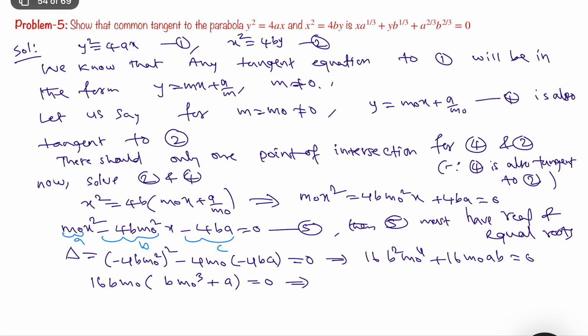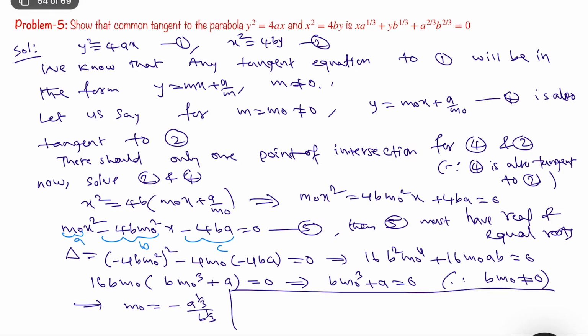That implies b m naught cube plus a must be 0, since b m naught is non-zero. So m naught must be equal to minus a to the power of 1 by 3 by b to the power of 1 by 3.